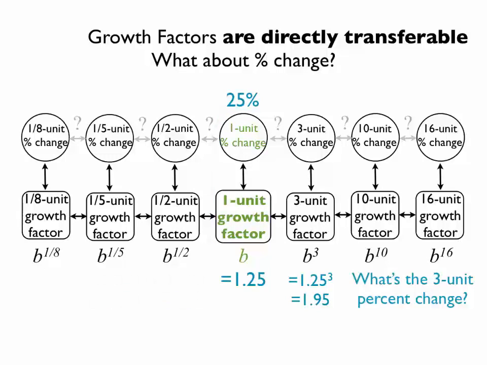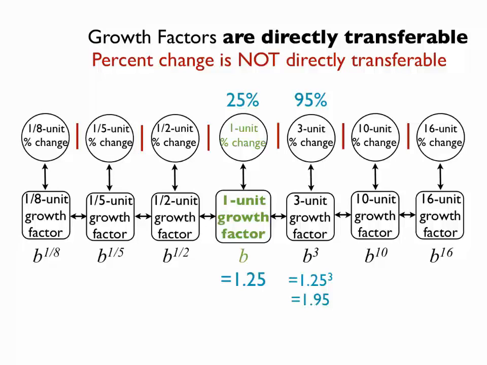All right, so what do we do? If you want the 3 unit percent change, that's 95%. Is 95% 3 times 25%? Clearly not. Okay? Moral of the story: percent change is not directly transferable.